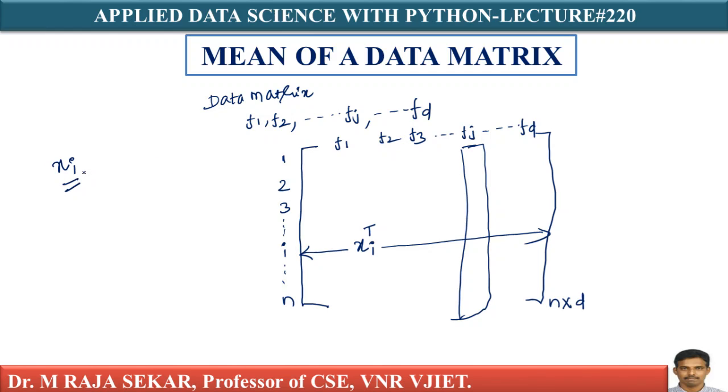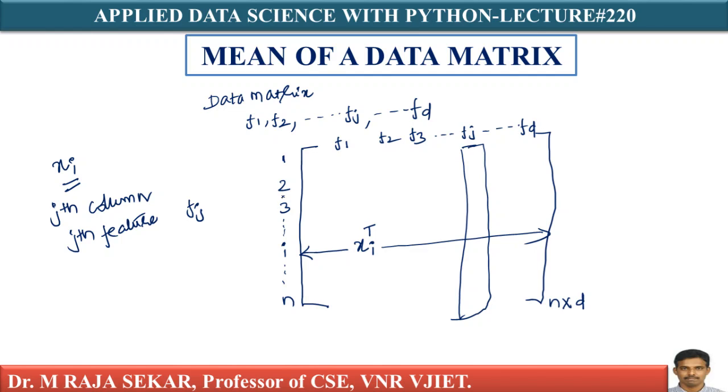My xi is the ith data point. And what is my jth column? I can say this is the jth feature. Column means I can say it is the jth feature. What is my jth feature? That is Fj. That's the jth feature. This is our standard practice of representing a data matrix.